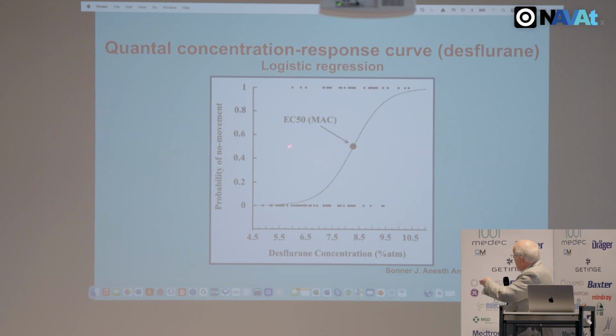And then you see that the effective concentration 50 is the median concentration where you have as many patients who respond as don't respond. This is just according to the definition of Eger and Saidman, but this is how it is actually calculated when you do an experiment in patients.